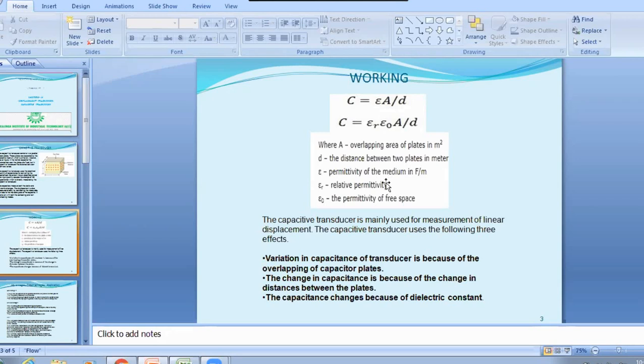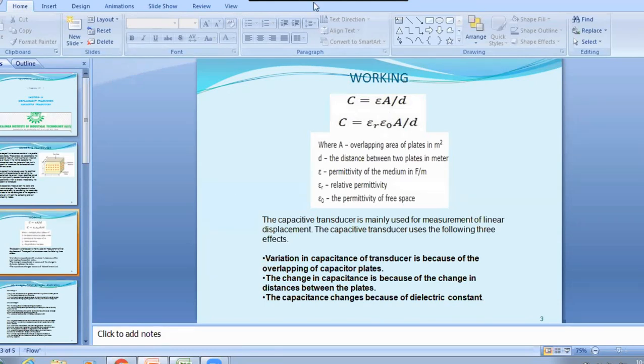Epsilon is the permittivity of the medium, epsilon r is the relative permittivity, and epsilon 0 is the permittivity of free space. So epsilon equals epsilon r times epsilon 0, the product of the relative permittivity and the permittivity of free space.